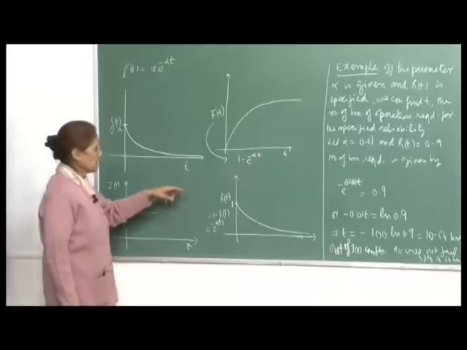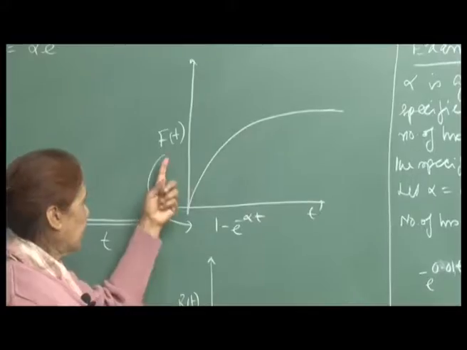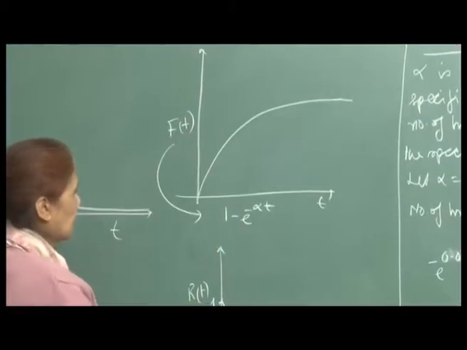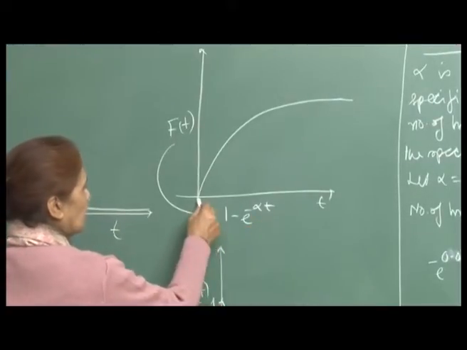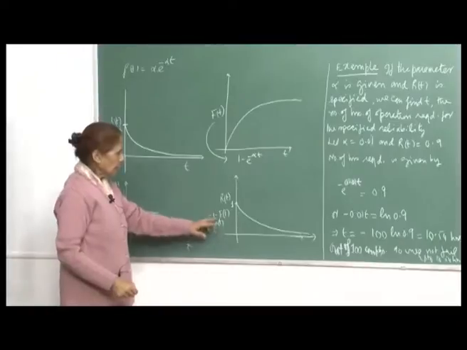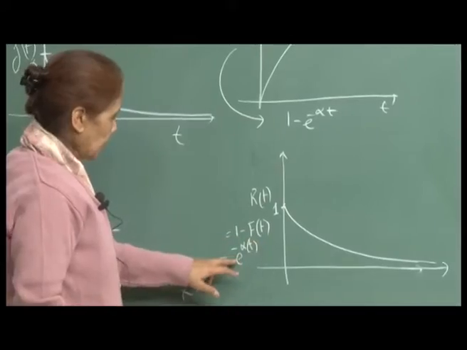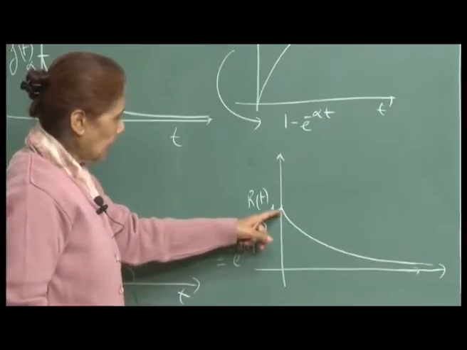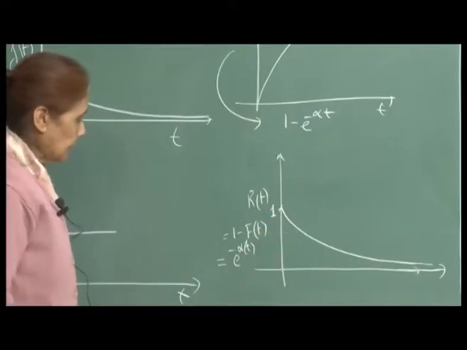The cumulative distribution function F(t) is 1 minus e raised to minus alpha t; at t equal to 0 it will be 0, because 1 minus 1 is 0, and then it goes up to 1. The reliability function would be e raised to minus alpha t. At t equal to 0, this will be 1, and then it goes down.